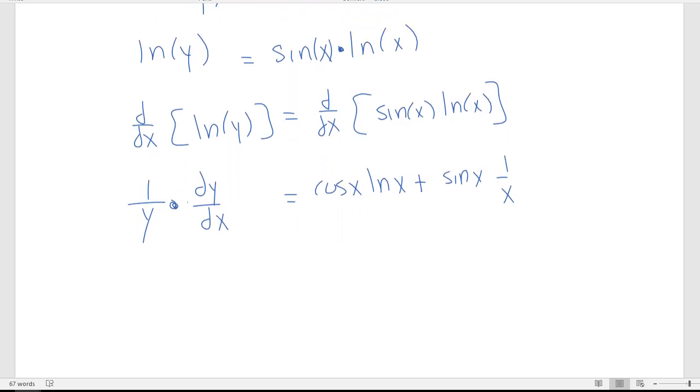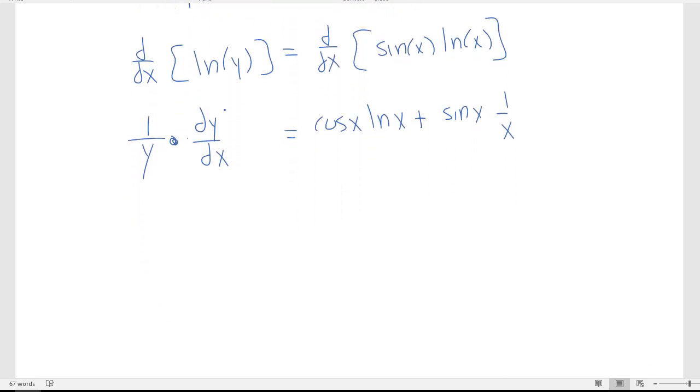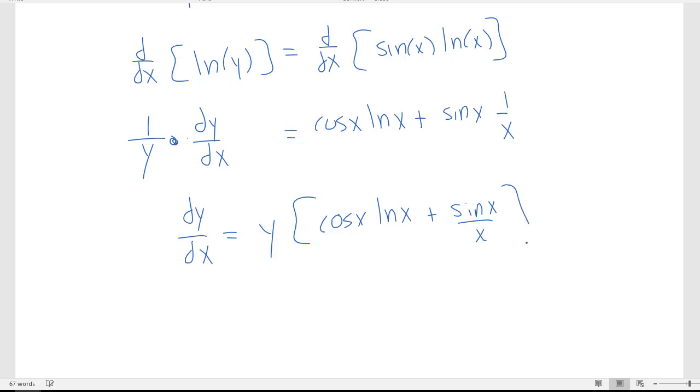So what I'm going to do algebraically to solve for this term is take the y and multiply it to the other side. So I'm going to have y prime equals, and then I have y times that expression. Let me just write that as sine x over x, okay? And then we're really done at this point, except we'll replace y with its function.